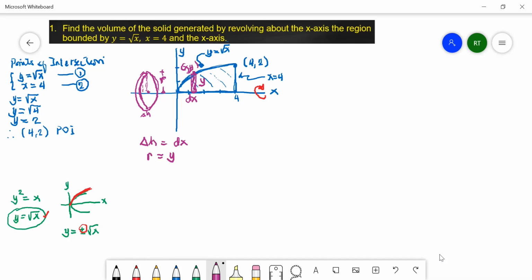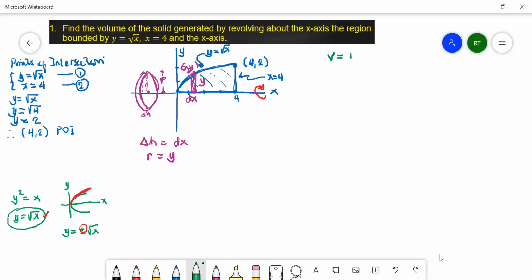And to start with the solution on how to find the volume of the solid generated by revolving y is equal to square root of x, the line x is equal to 4, and the x-axis, we will consider the volume of the disk.